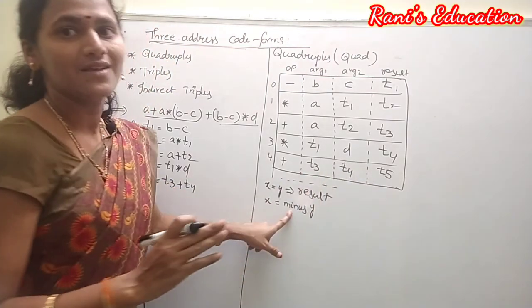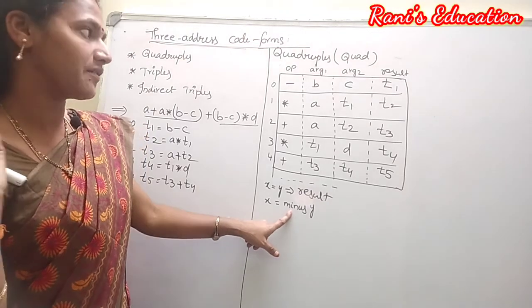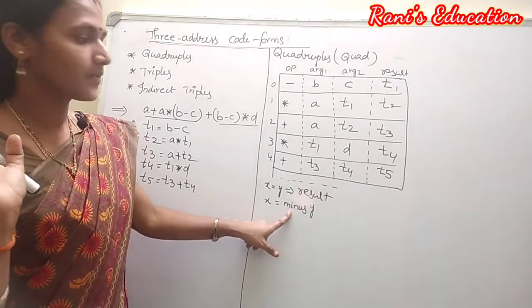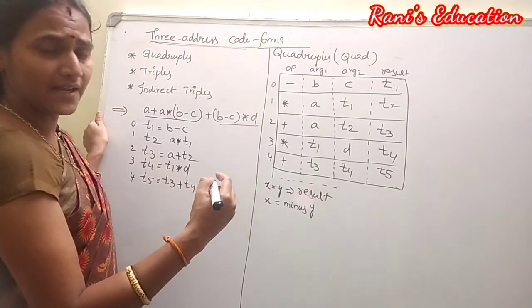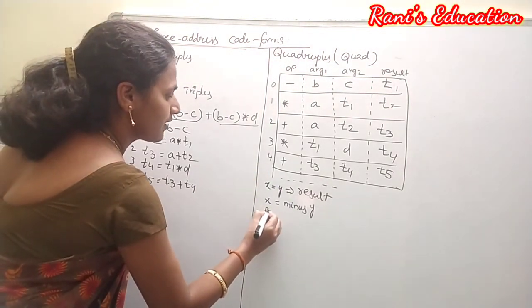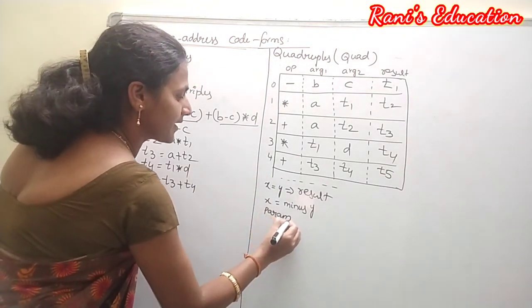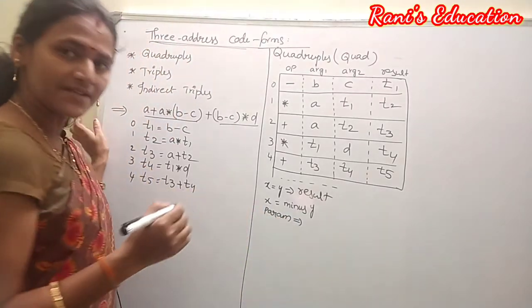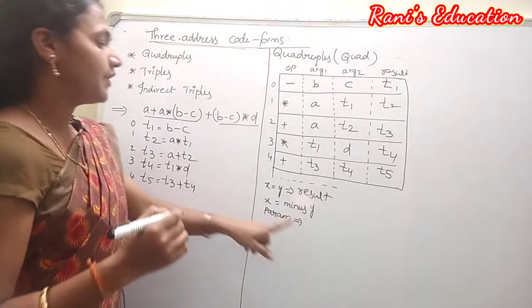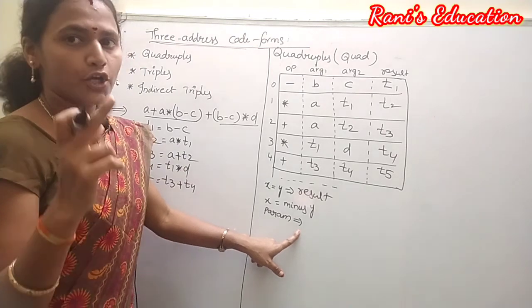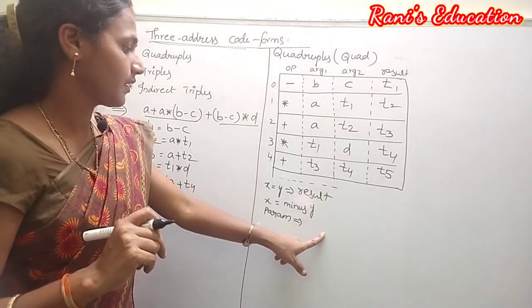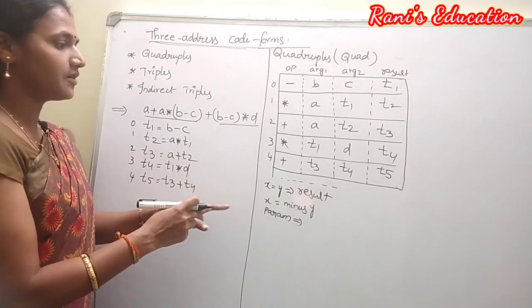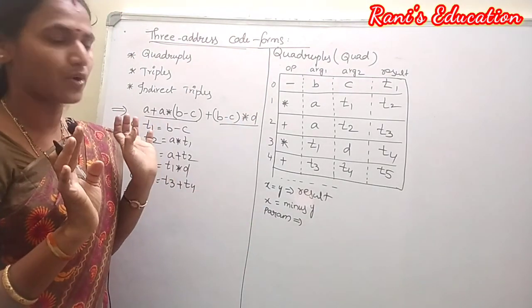We don't have any second argument. This is very, very important. Now, if the instruction contains the operator param, in such a case, we don't have any argument 2 value as well as result. So this is how we are going to construct quadruples.